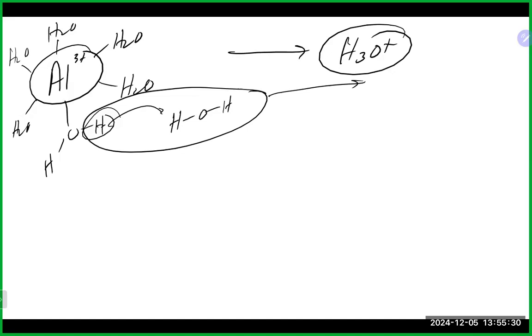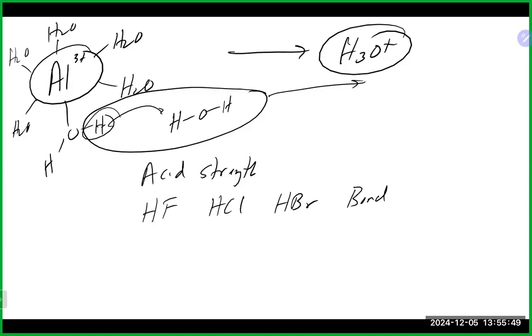Speaking of acids, we also talked a little bit about acid strength, right? And a couple of ways you could kind of compare acid strength. If you're dealing with acids that do not have oxygen, like HF, HCl, HBr, and so forth, it is actually bond enthalpy, or energy.